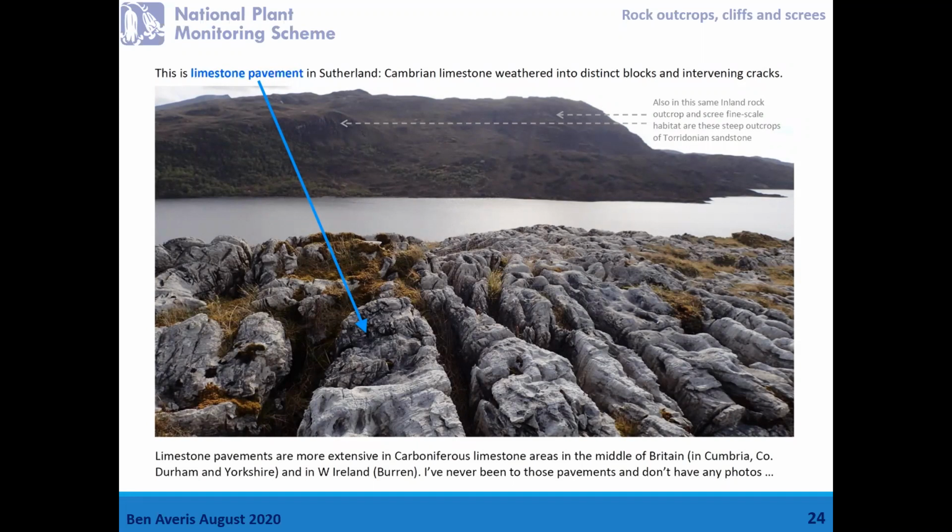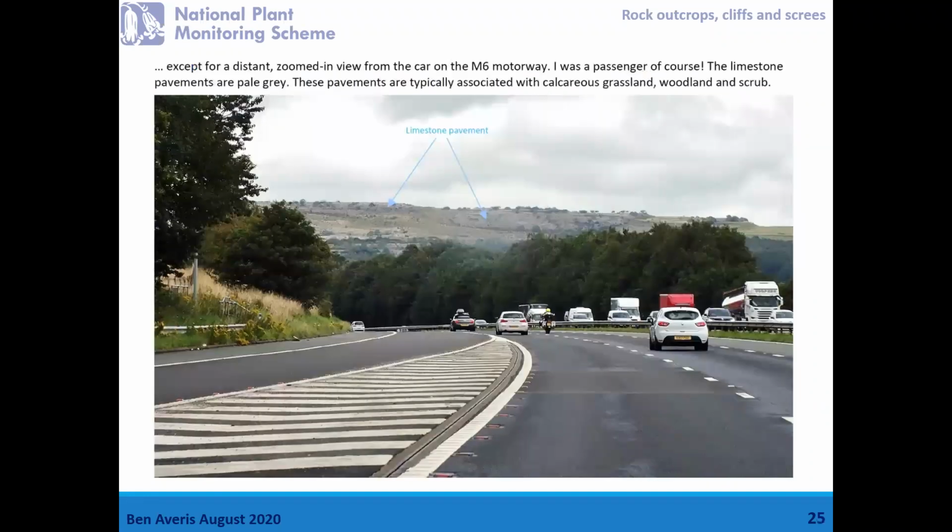Similar kind of thing with the clints and grikes and the rather woodlandish flora that you can get down deep in those shaded cracks. Fascinating kinds of habitats. The next picture has an example of some of the limestone at a distance in the middle of Britain in northern England, as seen from the motorway, because I've hardly been on the limestone ground of those places compared with the limestone places in Scotland, and some of those down in North Wales, where I had a photograph a few pages back.